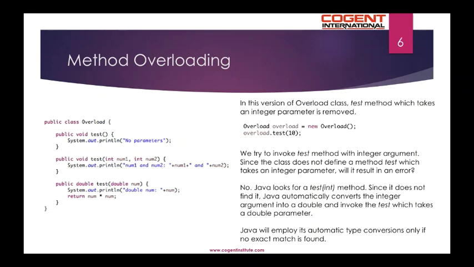It does not find it. It looks for something close and finds the test method which takes a double. Java automatically converts the integer argument into a double and invokes the test which takes a double parameter. Java will employ its automatic type conversion only if no exact match is found.